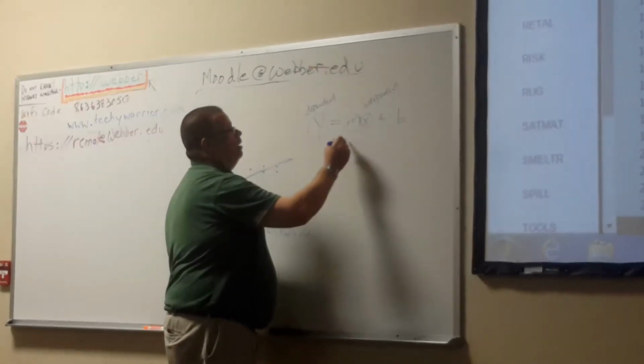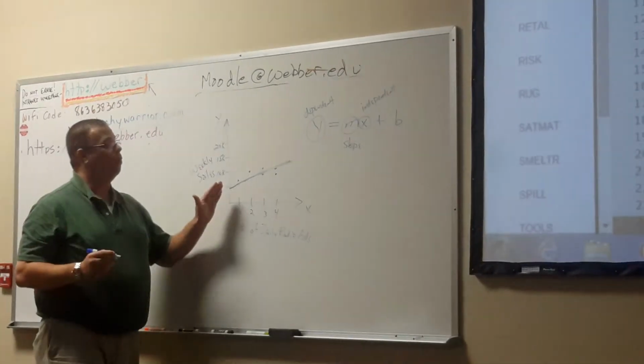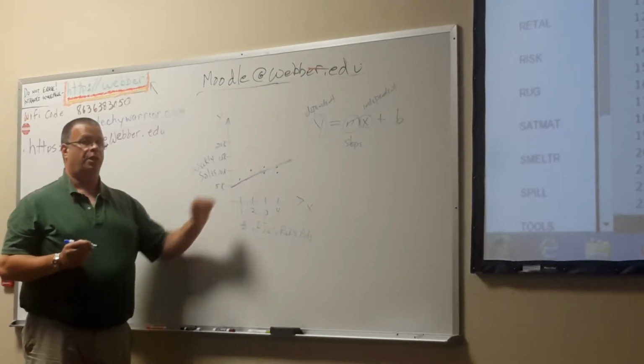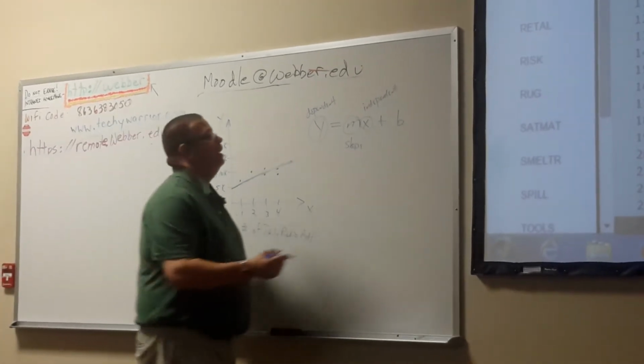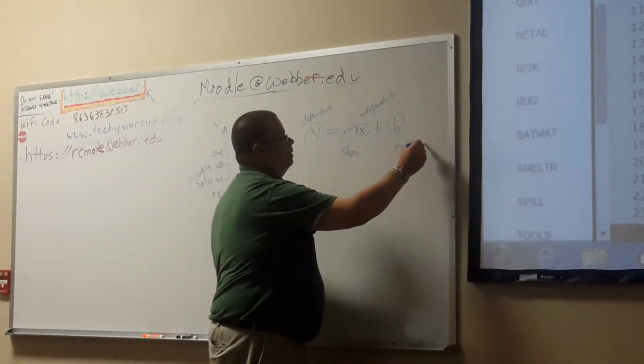The m here is our slope of the line. How much does y change by changing one unit of x? And b represents our y-intercept.